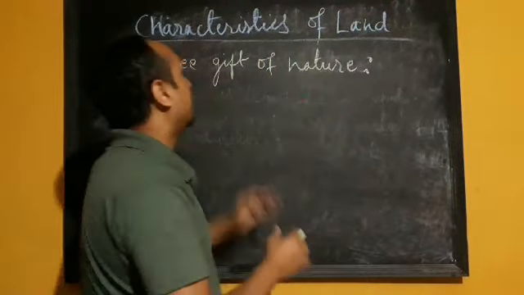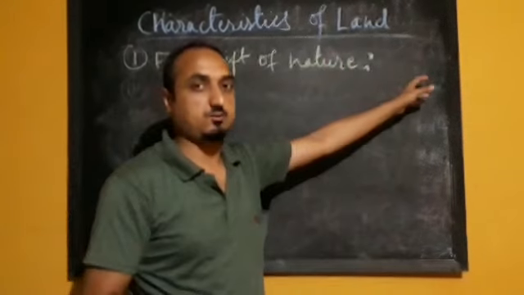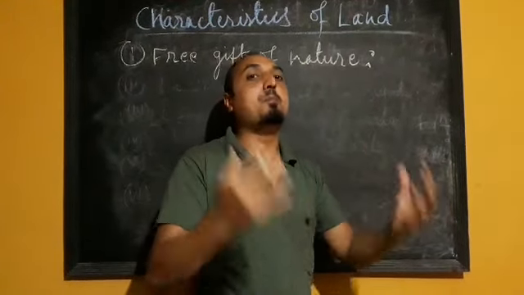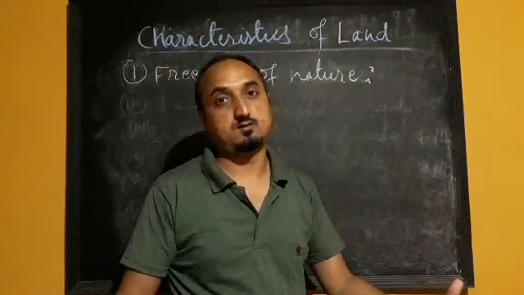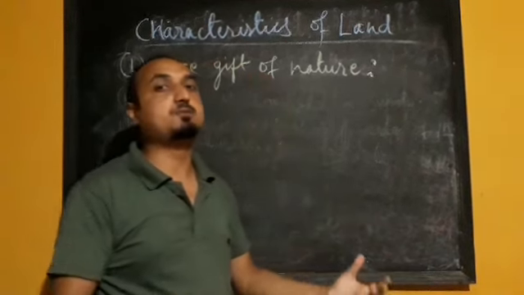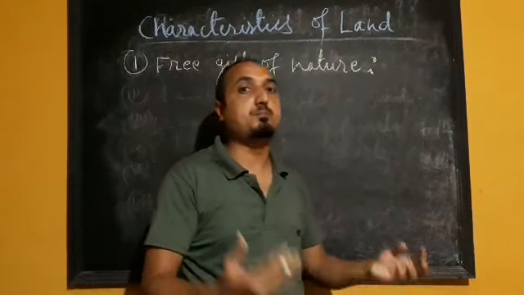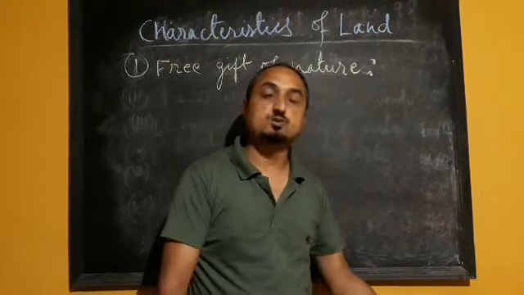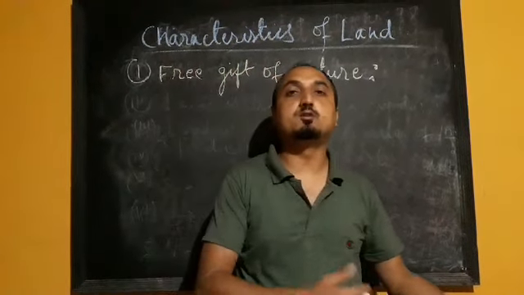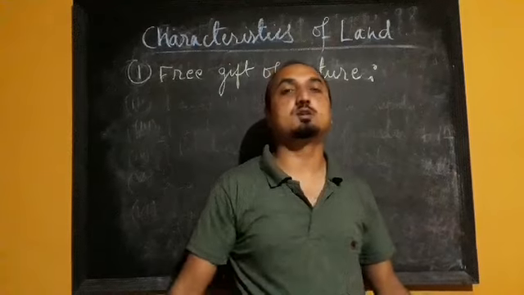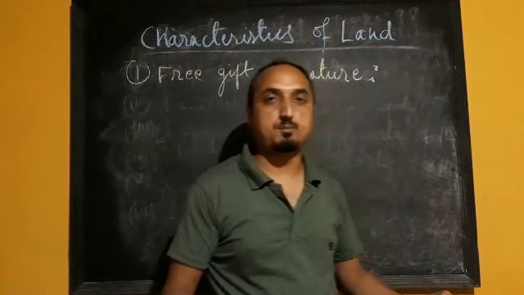That's why it is called free gifts of nature. Why? Because man has to spend nothing to obtain it. Simple. And what are those free gifts of nature? They include sunlight, water, mineral resources, forest resources. These are all examples.